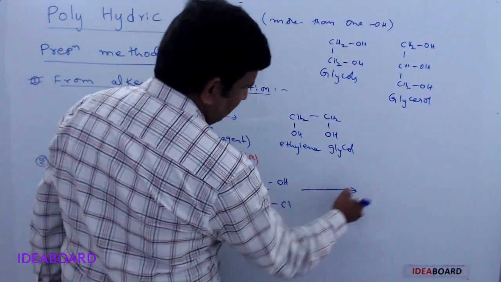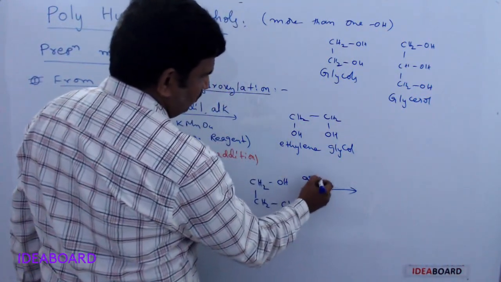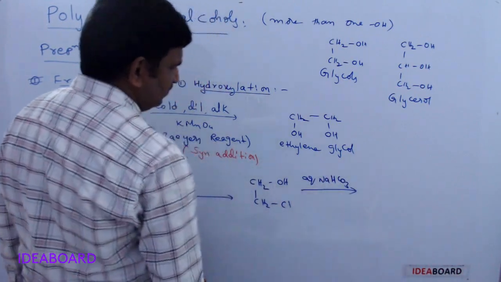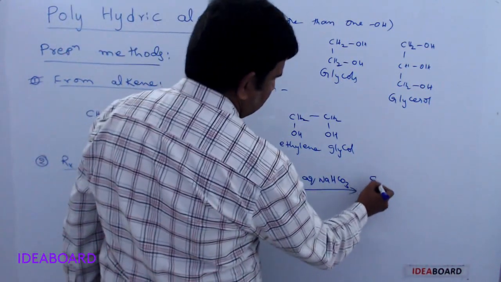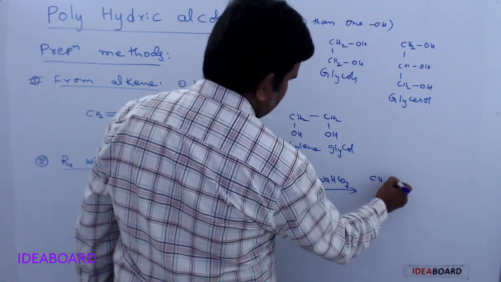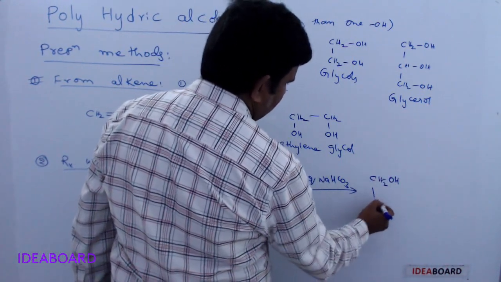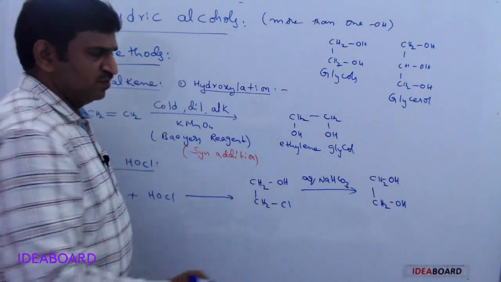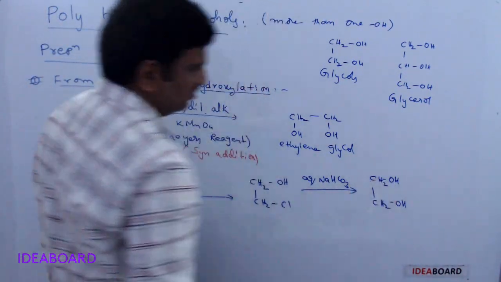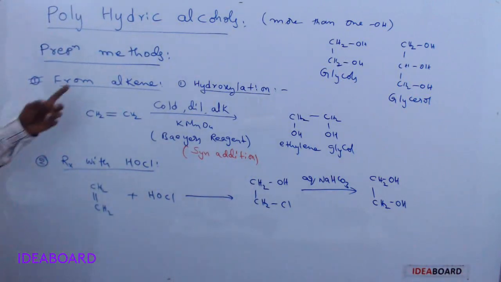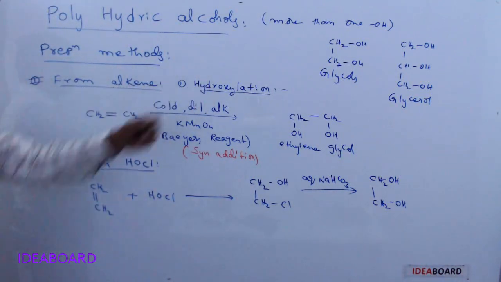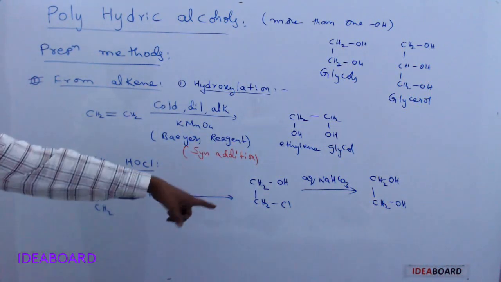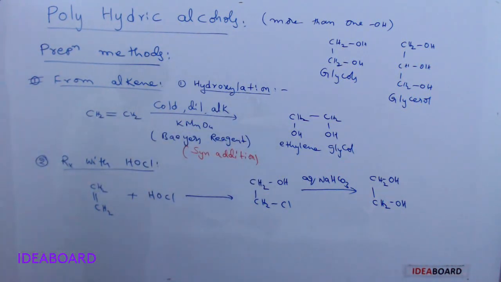This again reacts with aqueous sodium bicarbonate, a weak base is enough, and the chlorine is replaced with an OH group, giving CH2OH and CH2OH. The glycol is formed. This is glycol formation from alkenes, by the hydroxylation process or by reaction with HOCl, forming ethylene chlorohydrin first.